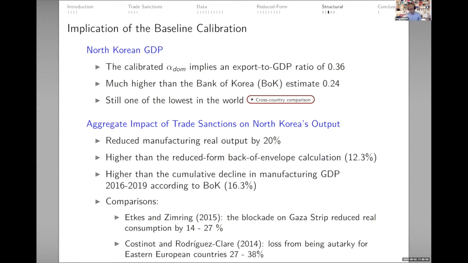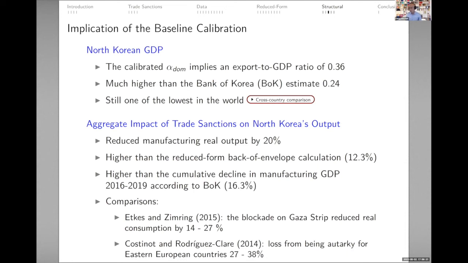So the reason why the UN imposed this trade sanction was to first provide economic pressure on the regime so that the regime would change course on how it wants to conduct its nuclear or missile activities. So you can think of one of the first goals as providing economic pressure.